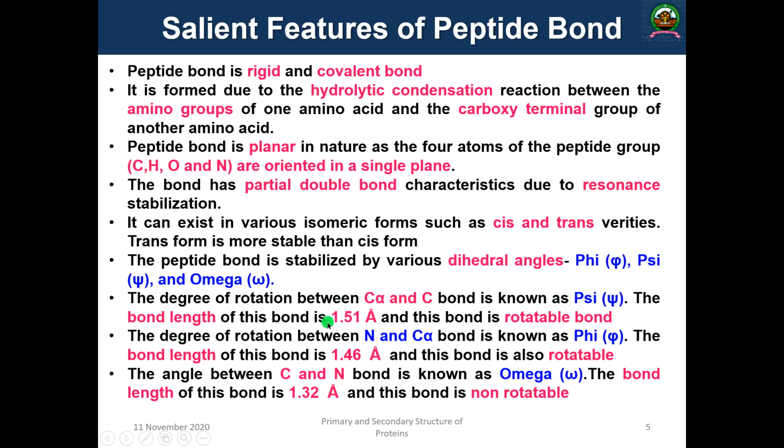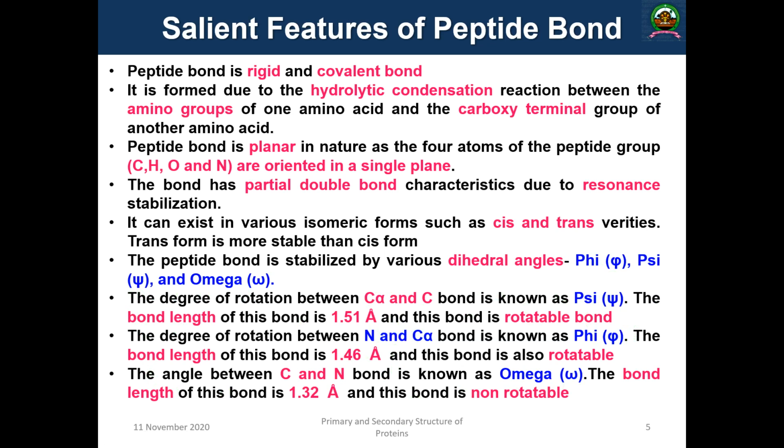The degree of rotation between N and C alpha is phi, the bond length is 1.46 angstrom, and that is also rotatable. The angle between C and N is omega, the bond length is 1.32 angstrom, and this is non-rotatable.